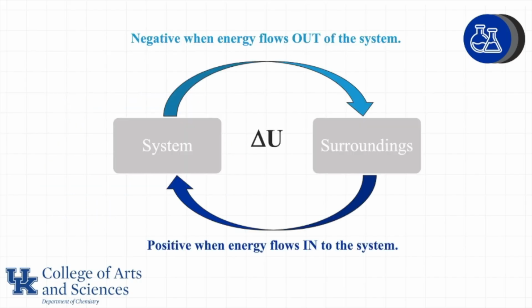Just like with heat and work, we can talk about the sign conventions that we see for internal energy. So when we have internal energy and there's a net movement of energy from the system into the surroundings, so out of the system, we get a negative value. When we're talking about a positive energy for the internal energy, we see that energy is flowing into the system.